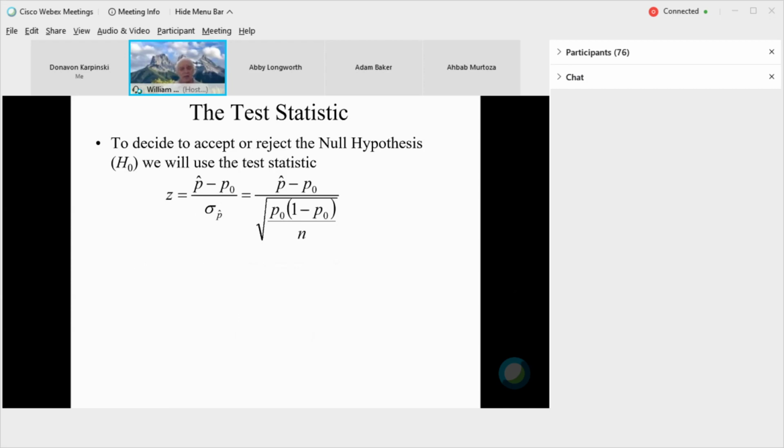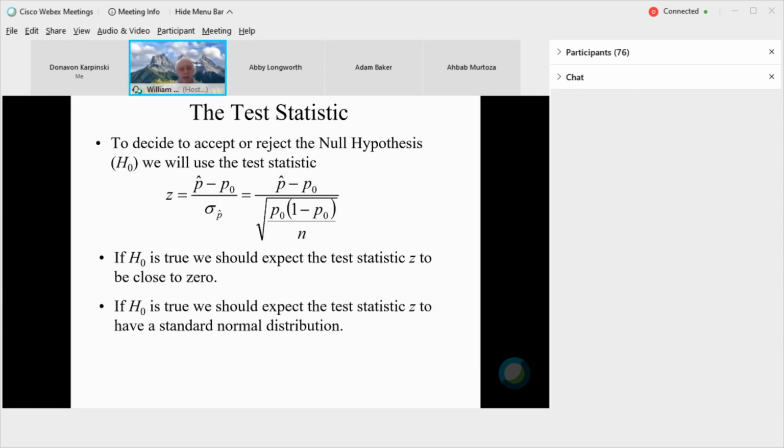So this statistic will have a standard normal distribution if H0 is true. Z should be close to 0. If HA is true, we expect Z to be either a large positive value or a large negative value.